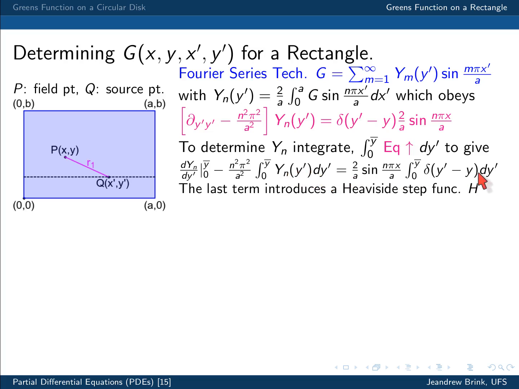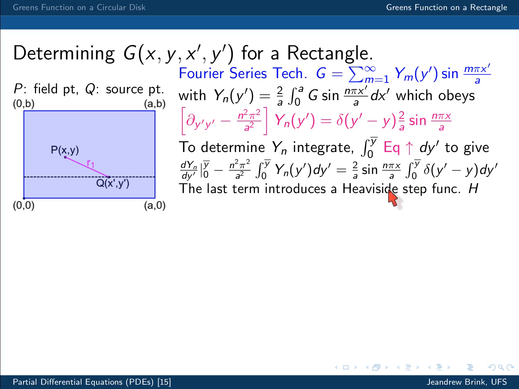And then this integral over here is simply 2 over a, sine n pi x over a, multiplied by the integral over the delta function. And this last term here reduces to the Heaviside step function. And just to note, it's not heavy as in having a lot of weight.